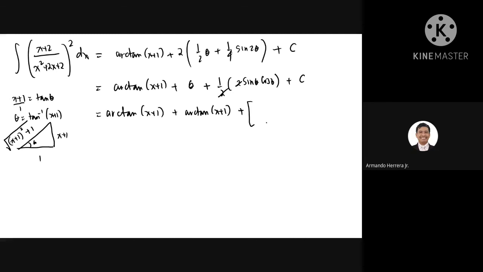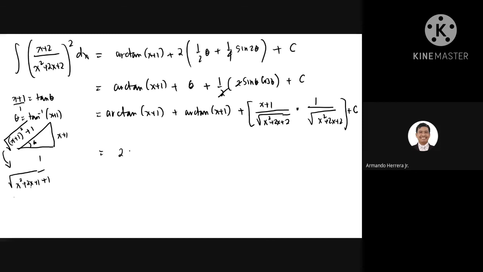We will have sine theta, which is x plus 1 over the square root of x squared plus 2x plus 2, because once we expand that, it becomes x squared plus 2x plus 1 plus 1. So that is x squared plus 2x plus 2. Multiplied by cosine, that's adjacent 1 over the square root of x squared plus 2x plus 2, plus c.